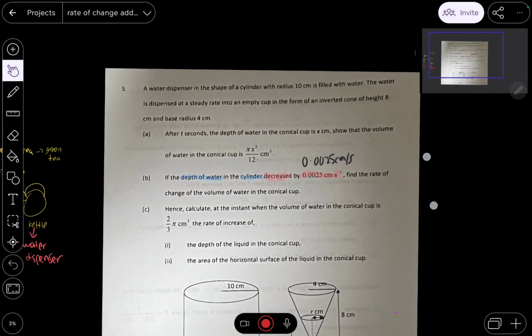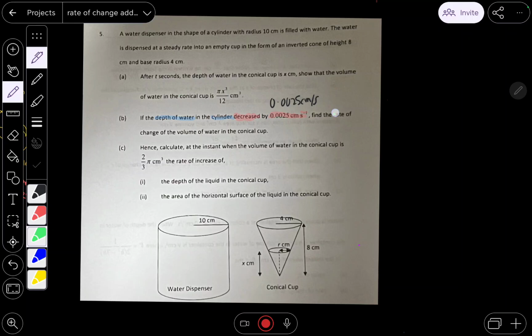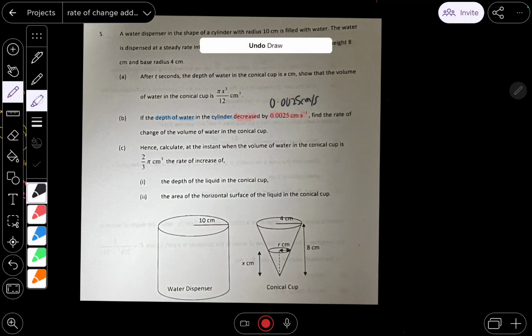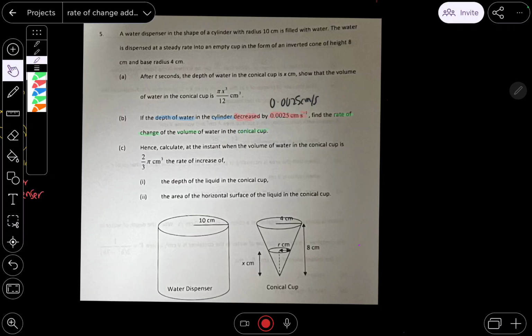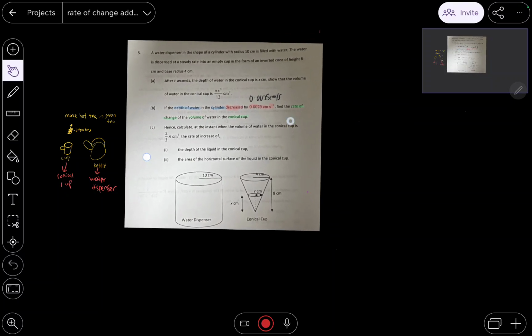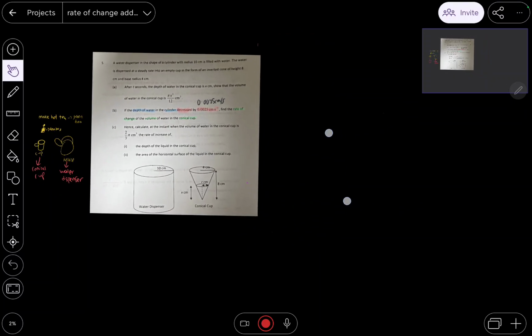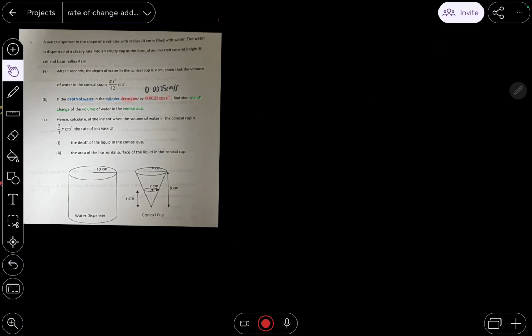Okay, they want you to find the rate of change of the volume of water in the conical cup. So if the depth of water in the cylinder decreased by 0.0025 cm per second, find the rate of change of the volume of water in the conical cup.